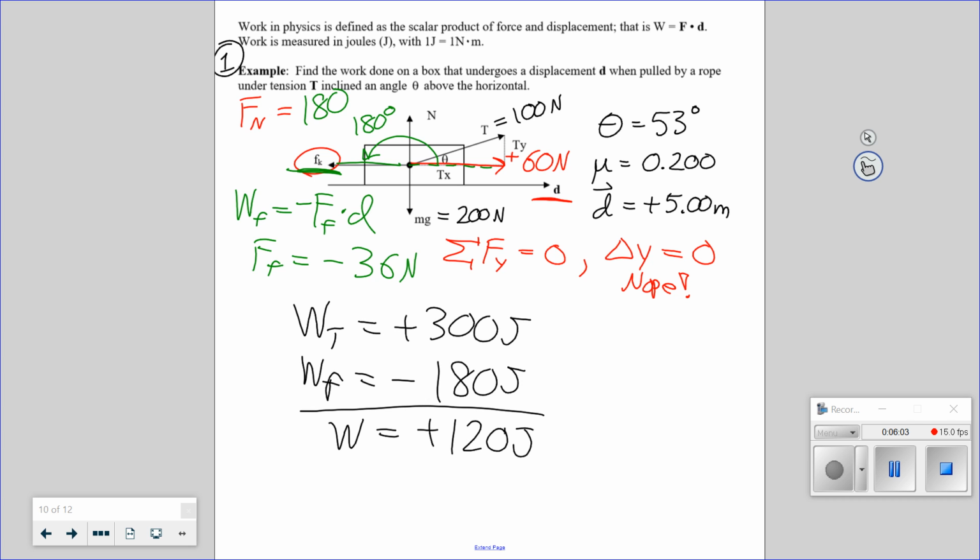If I wanted, I could set that equal to 1/2 mv squared. Half of m is just 10. So I can get my final velocity is the square root of 12, or 2 root 3 meters per second.